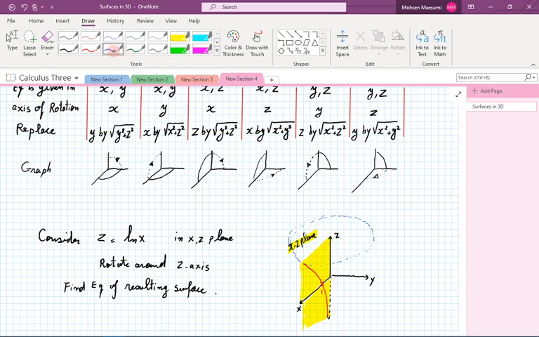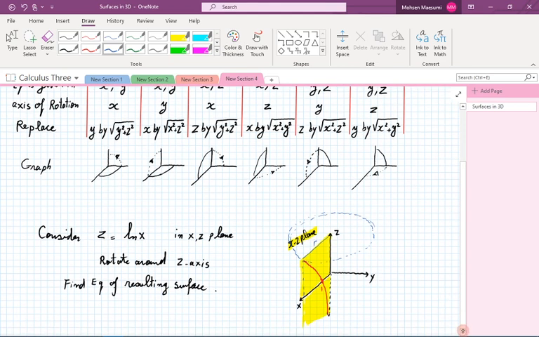When you're going around, you want to think about this thing as the radius. As we go around, the radius around the z-axis is given like that. So here r is given as the logarithm of x.